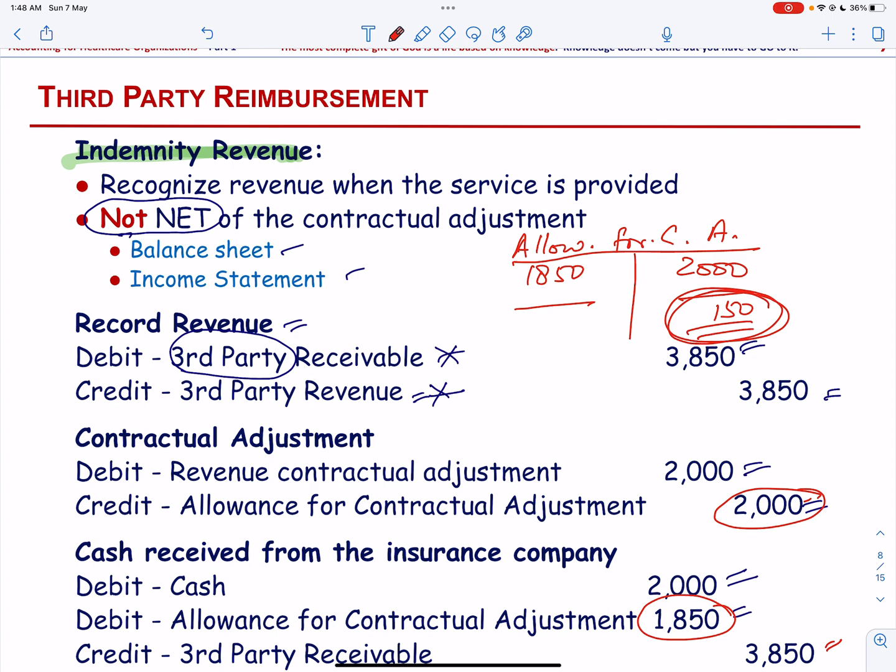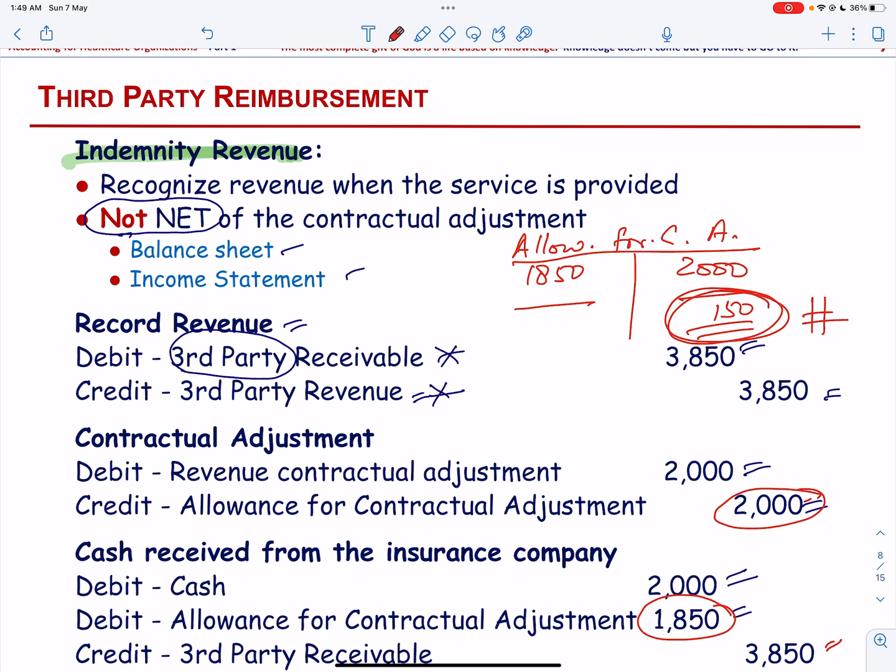And the answer is bad debt accounts written off at the end of the year or as per the company policy. So that is how we are going to write off this 150. This account will not zero out, it will definitely have a balance.